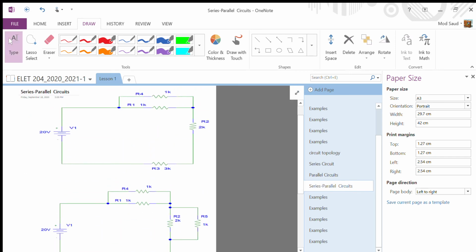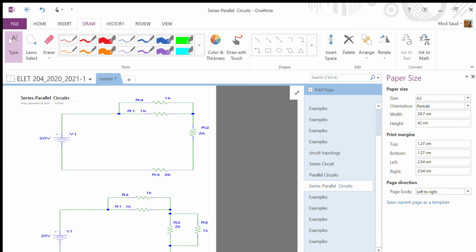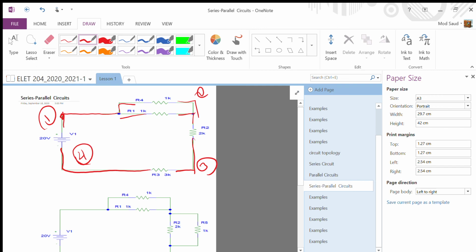Now this circuit is a series parallel circuit. How to identify a series parallel circuit? I will go looking at the node. This is node number 1. Node number 2. Node number 3. And node number 4. So we have 4 nodes. Since it is 4 nodes, no way it is a parallel circuit. More than 2 nodes, no way it is a parallel circuit.